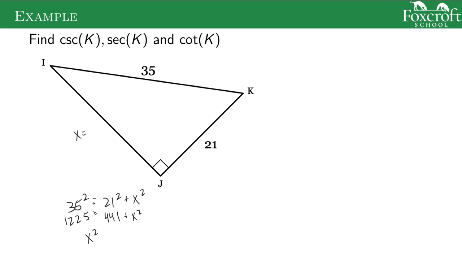All right, x squared is going to be 1225 minus 441 is 784. Take square roots, and x is going to be the square root of 784, 28. All right, so our missing side is 28.